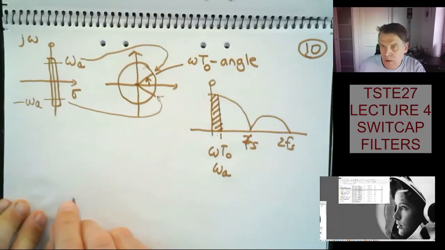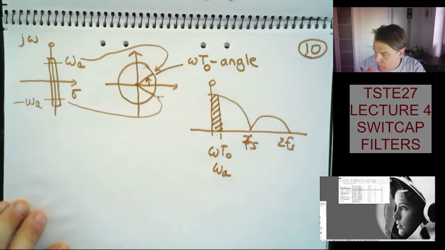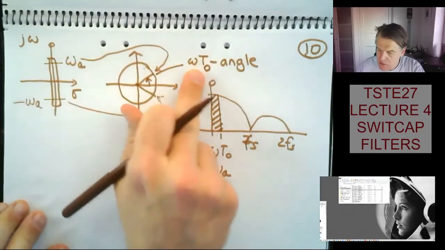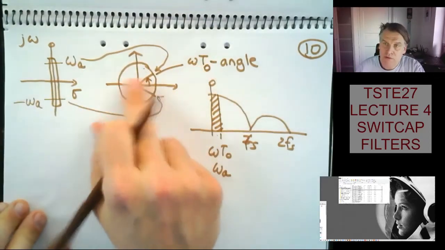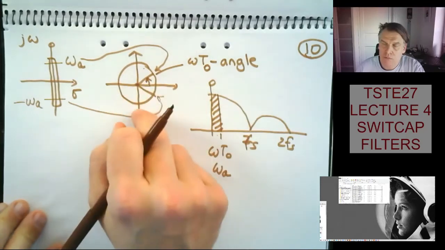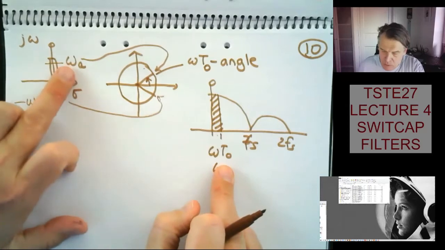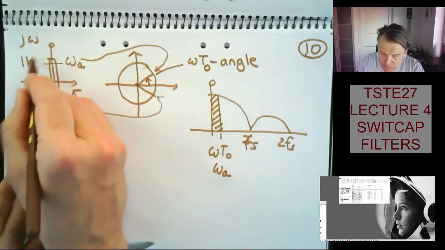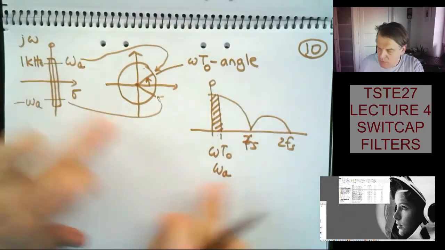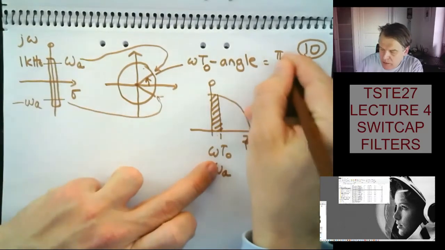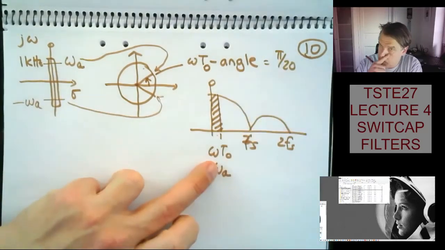That's quite important, because if you think about it, if you change the sample frequency, you will change the characteristics of your system. So that's why we have to pick this scaling factor, so that I know that 1 kilohertz, for example, corresponds to an angle of, for example, pi 20th or whatever.